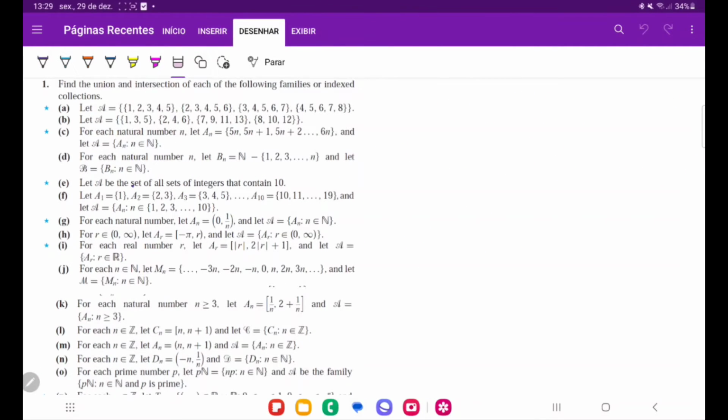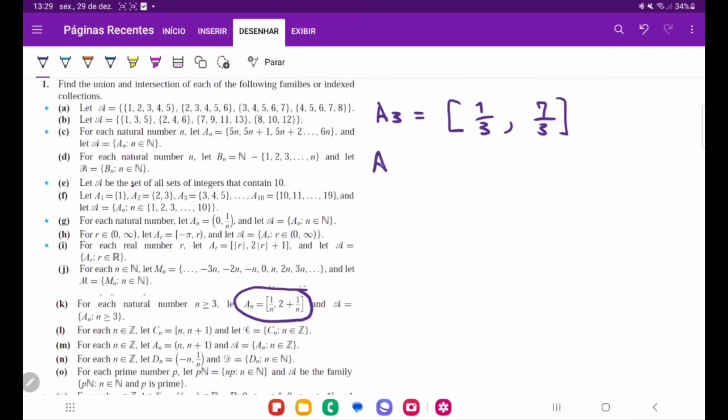All right, so for item K, we have an indexed family of sets, but the index begins at n equal to 3, and each set is going to have this rule here. So let's put a few examples so we can see the pattern. A3 is going to begin at 1 over 3, and then the boundary is 2 plus 1/3, so that's going to be 7/3.